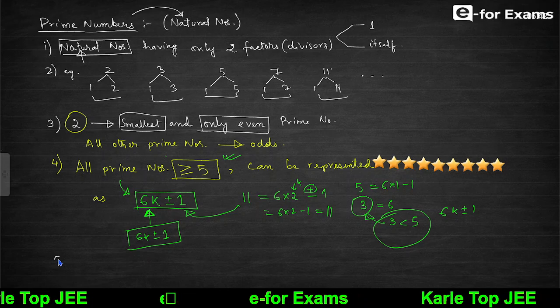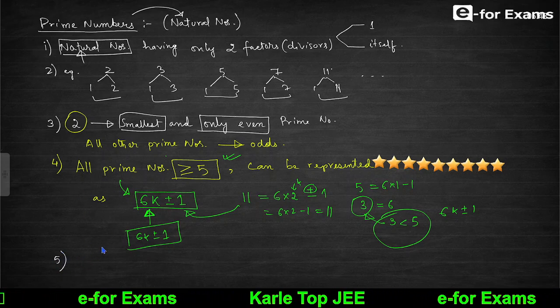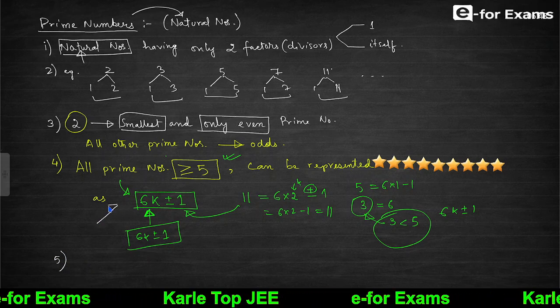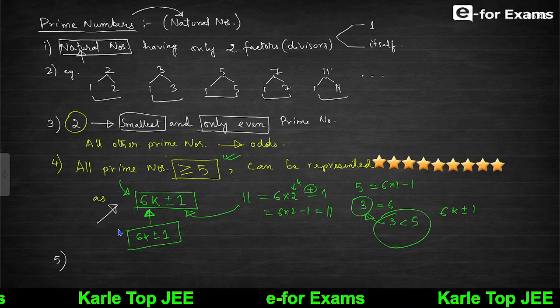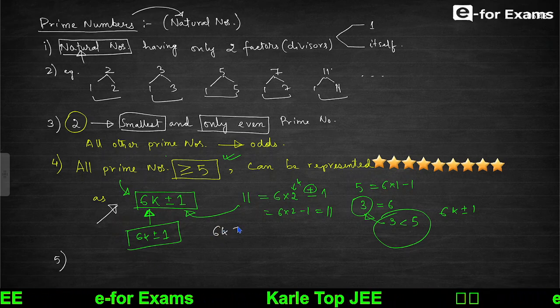Next point, the last point of prime numbers. We said that every prime number greater than or equal to 5 can be represented by 6k plus or minus 1.